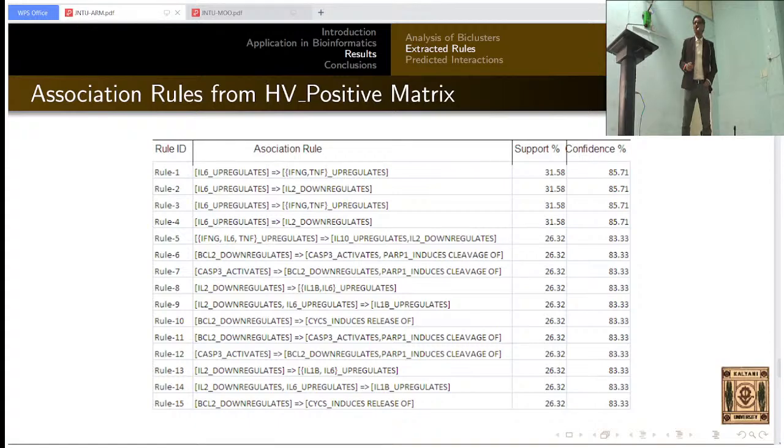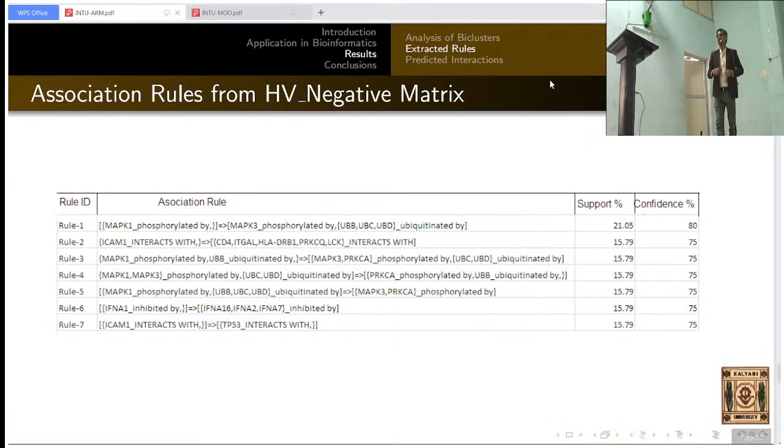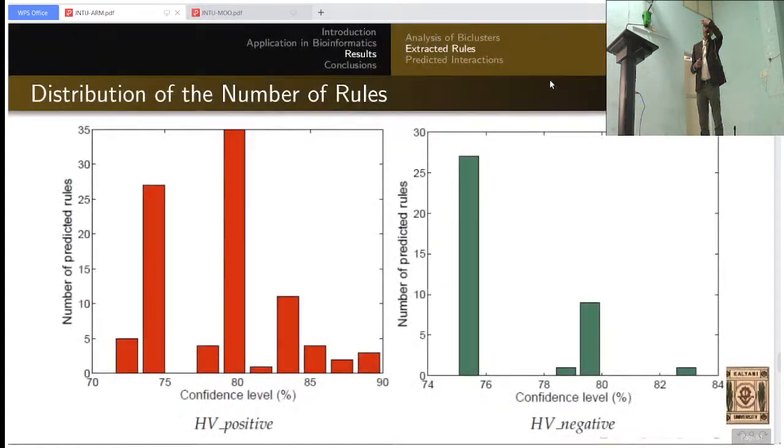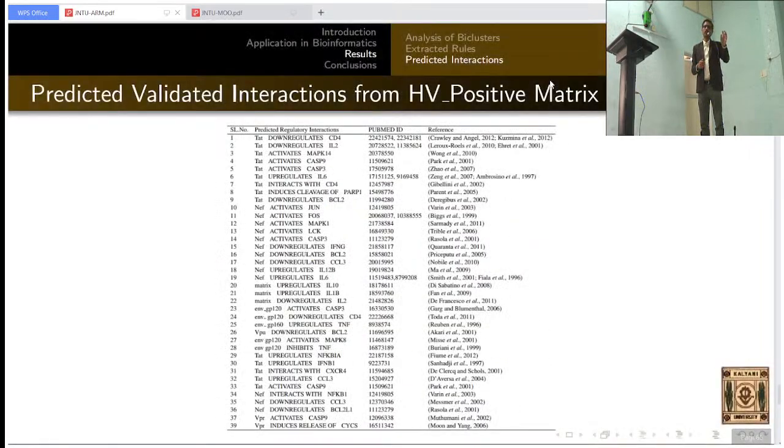Importantly, to validate the predicted interactions, we did a literature search and found that some interactions we predicted computationally have already been experimentally validated in the literature. That means our predictions were correct.